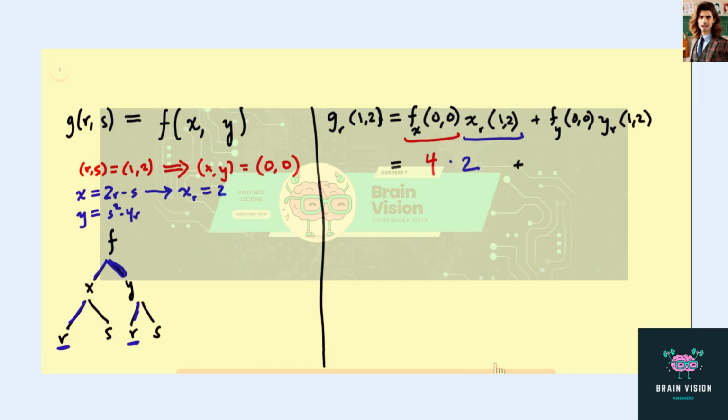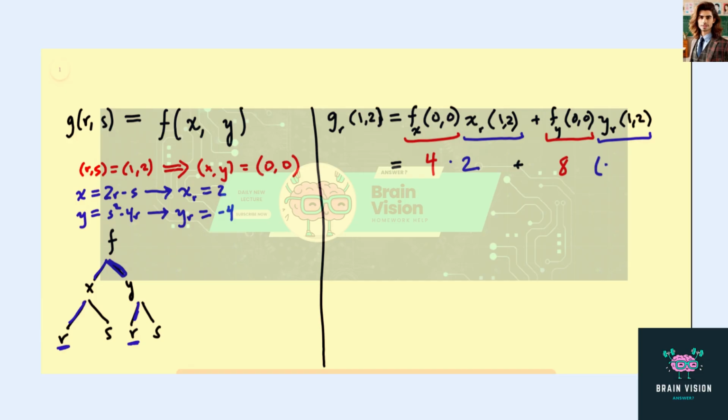Plus, once again, let's use the table for f partial y at 0, 0. And the table says that is the number 8. And then finally, for y partial r, once again, we can use our definition over here of y, and we can see, again, at a glance, the derivative with respect to r is minus 4.